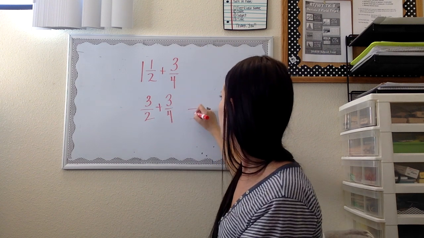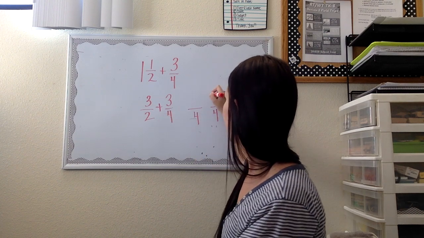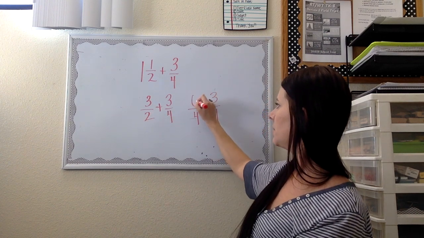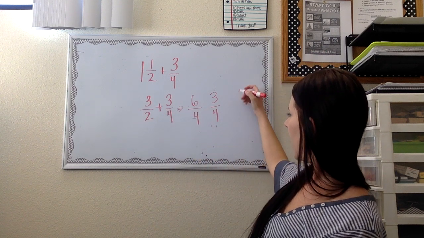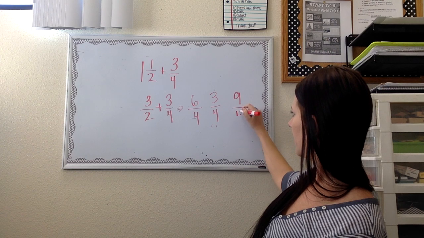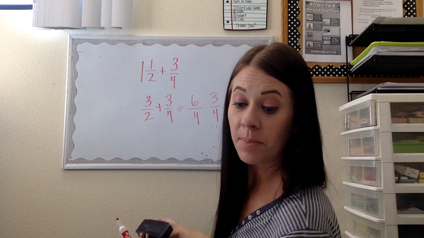We need common denominators of 4. So this one I didn't have to change, but this one I multiplied by 2, so I'm going to multiply the top by 2 and get 6. I'm going to add the top numbers and keep the bottom number. So this teacher has 9/4 pounds of clay.